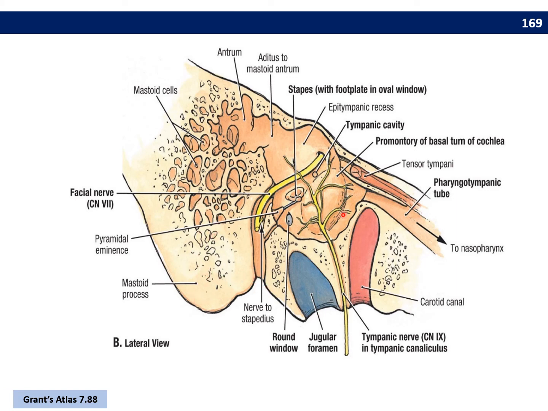Here's the mastoid process, and the aditus is here. The antrum is here, and that's the opening to these mastoid air cells, these mucosal-lined cells inside the mastoid process.